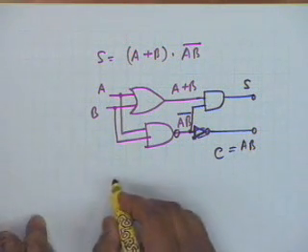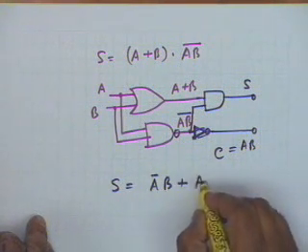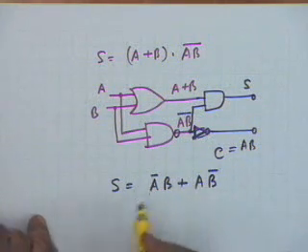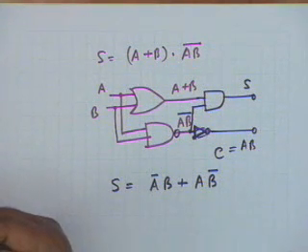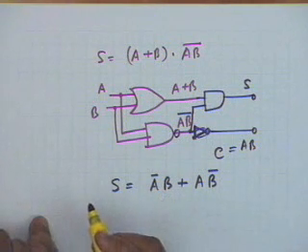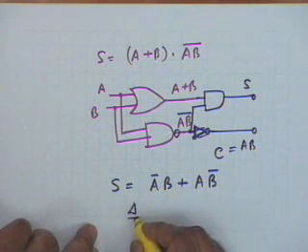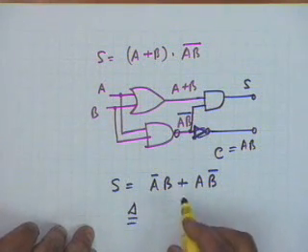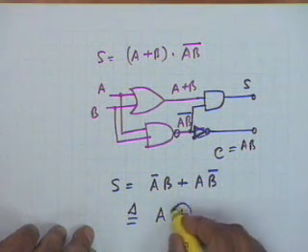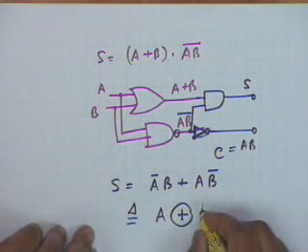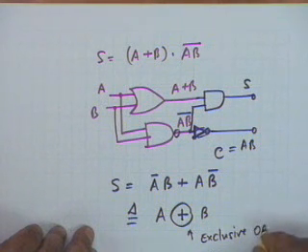This expression S equal to A bar B or AB bar, which is the logical expression for the sum bit, is also considered as an operation, and this operation is defined as an exclusive OR operation, that is A, and if it is exclusive OR, then you put a circle around it, B. This operation is called exclusive OR operation.